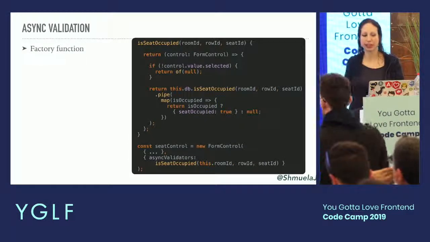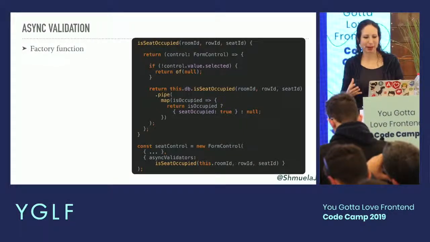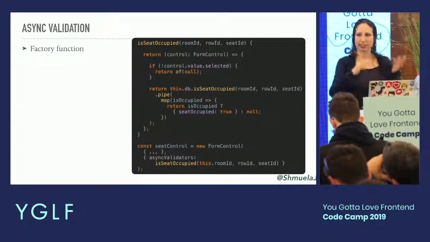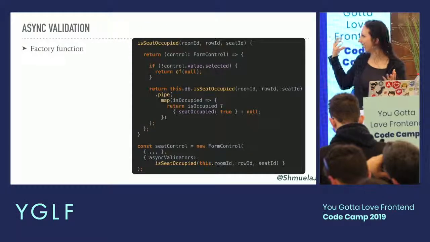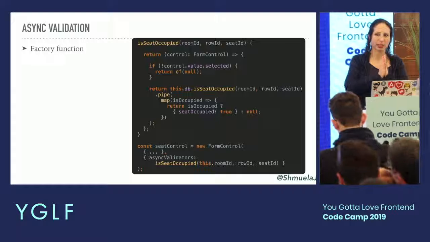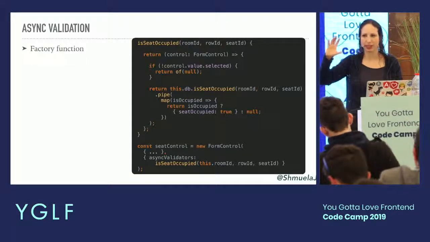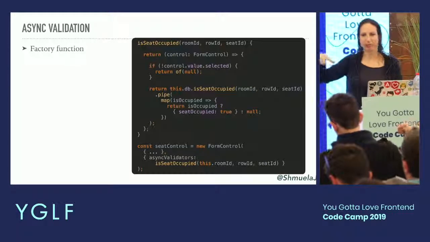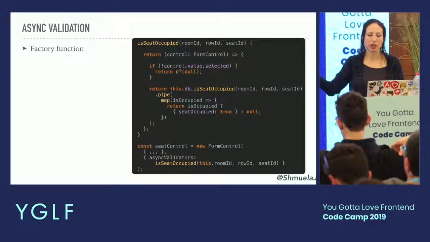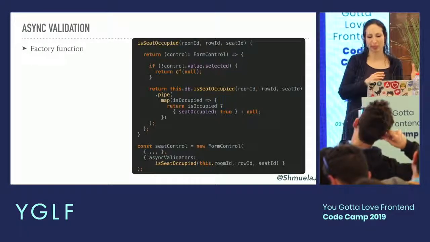and use the map operator to change the value, because in the async validators you need to send either a null, if it's okay, if it's valid, or an object describing what the error is.